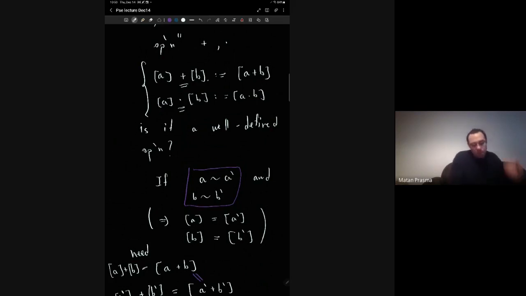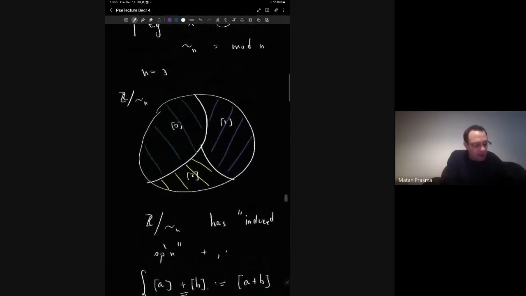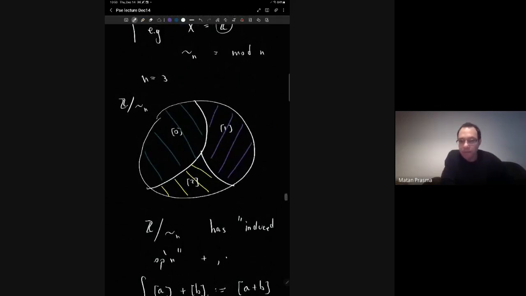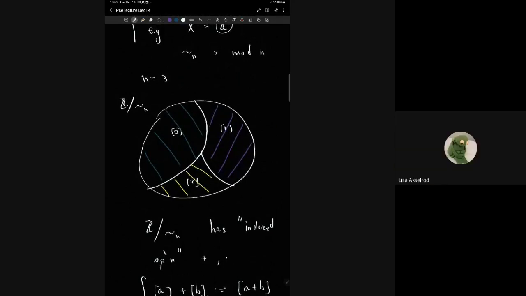So what is happening here is that, yeah. When you say well defined, you mean that we can take any elements from the set or from a group or from the field, and something like, for example, addition will work absolutely for all the elements, right?